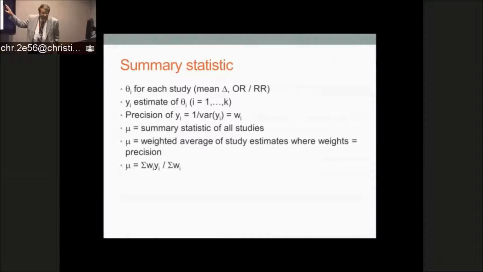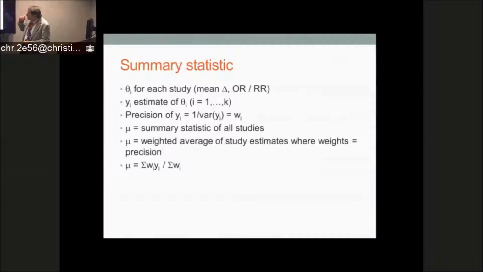So here is probably the most important slide in the presentation. What you need to understand is that when we do meta-analysis, we're taking the results from each individual study and statistically, or computationally, combining those results into a summary statistic. That's either going to be a mean difference if we have a continuous outcome, or an odds ratio or risk ratio if we're looking at a dichotomous outcome.